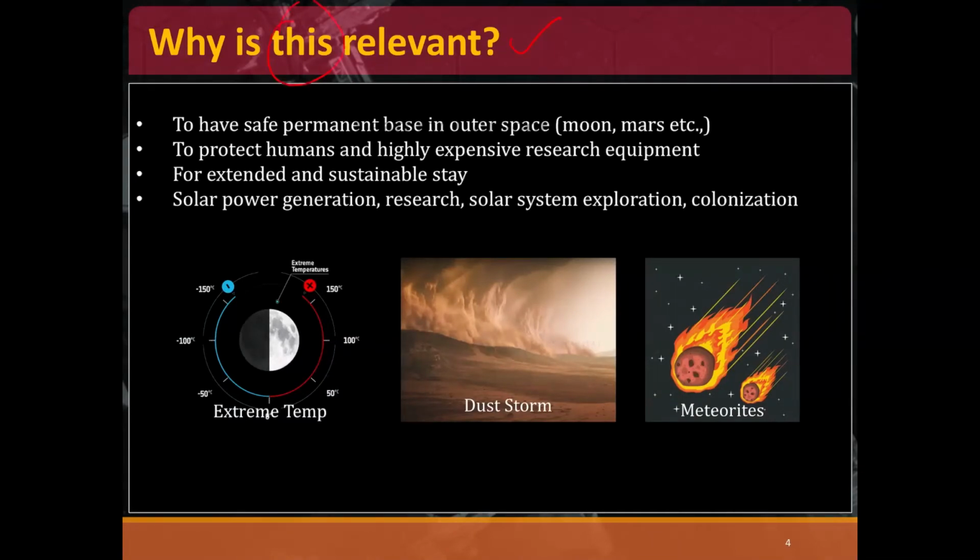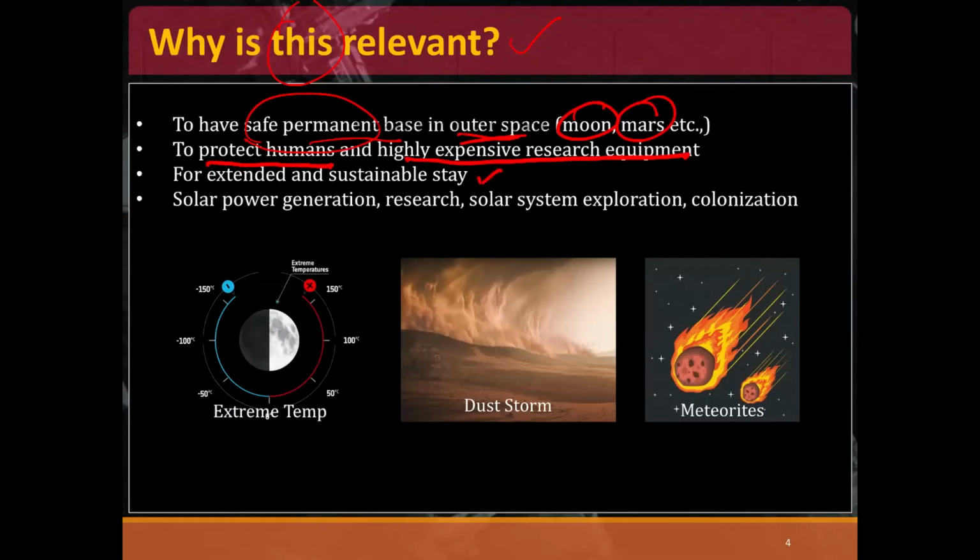So why is constructing in space relevant? Well, we want to have a safe permanent base in outer space, that is on the surface of the Moon and Mars, as already mentioned. We want to protect astronauts and also the expensive research equipment they use in outer space. So by building permanent structures, we want to protect humans and equipment.